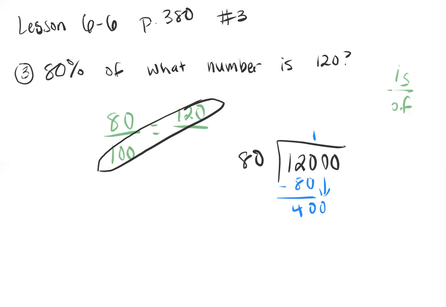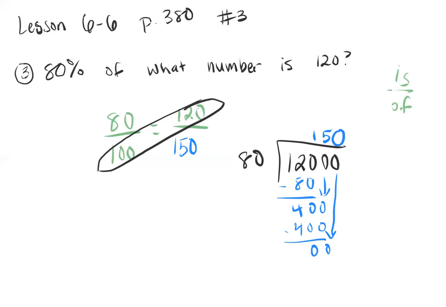Bring down the next 0. 8 times 5 gets me 40, so 5 times 80 is 400, which leaves me with no remainder. This is where a lot of students are missing this step. 80 cannot go into 0, so you need to put a 0 up top to hold that place value.